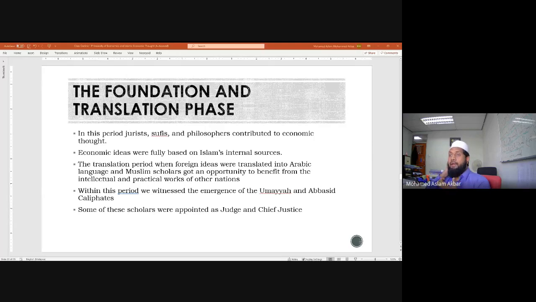So now we have this discipline called Usul al-Fiqh. We have fiqh, then Usul al-Fiqh, and the reason why usul fiqh emerged is because of the methods of reasoning.